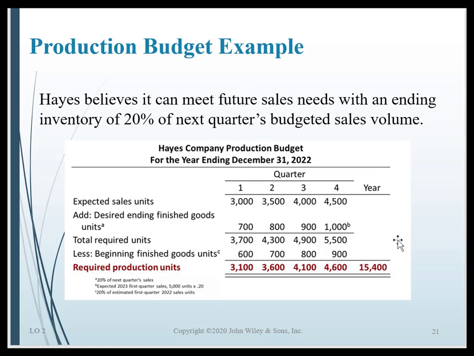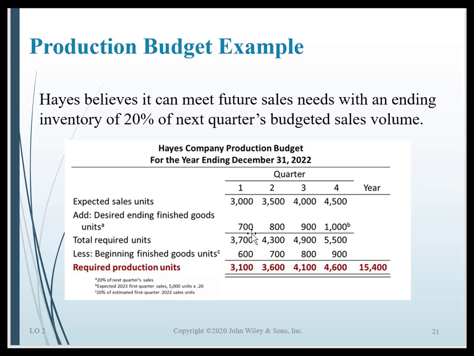So let's see how that might work. We believe that we need an ending inventory of 20% of next quarter's budgeted sales volume. So here we have ending inventory. This quarter, the first quarter, we want that to end with 700 units.